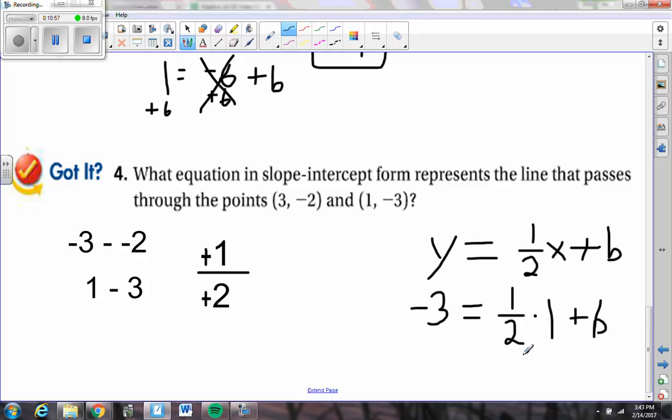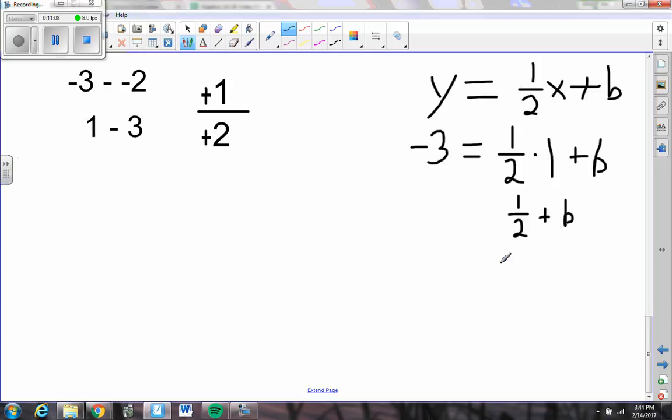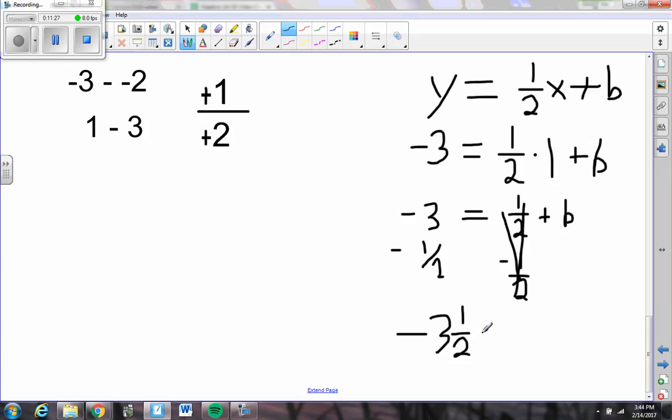Now 1/2 times 1 is just 1/2. In order to solve for b, I just have to get rid of that 1/2, and I can do that by subtracting 1/2 on both sides. The other side still says -3, so I subtract 1/2 there as well. -3 minus another 1/2 brings me to -3.5, or -3.5 if you're using decimals.